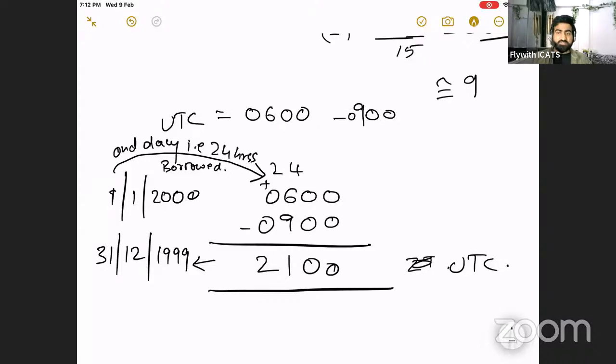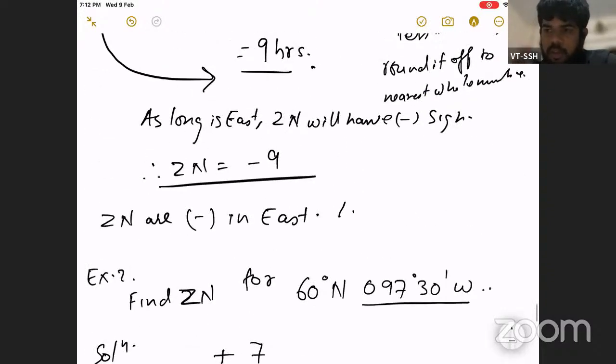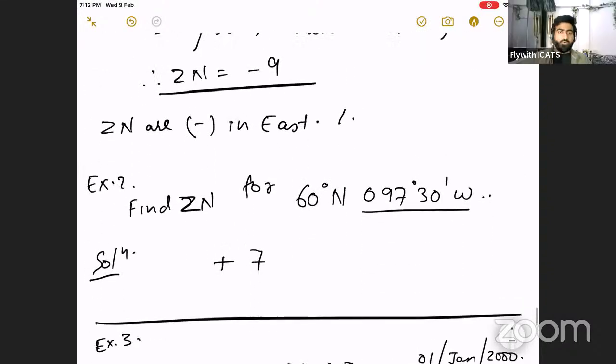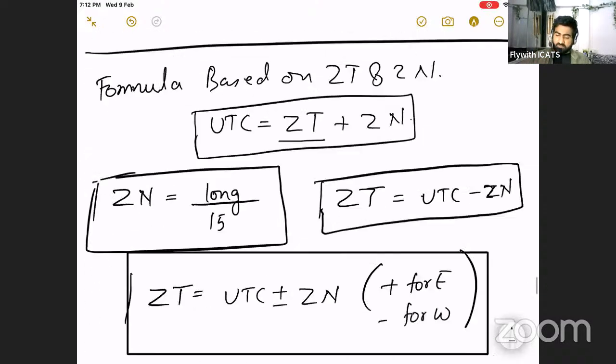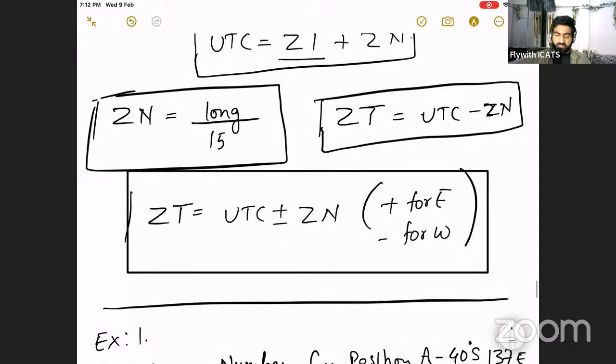Likit, cross check your answer. Sankalp, go ahead. So we are given with the formula zone time is equal to UTC plus or minus zone number. So UTC minus 9 if we write, and then if we take it to the other side. No, then why do you have to take it to the other side? See, these are multiple given to you. Okay.